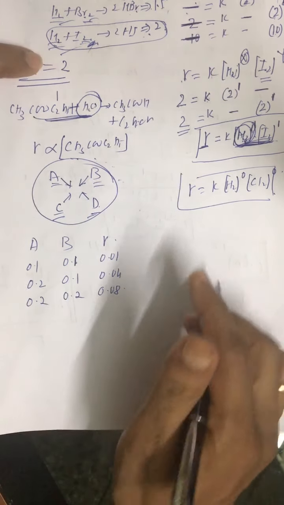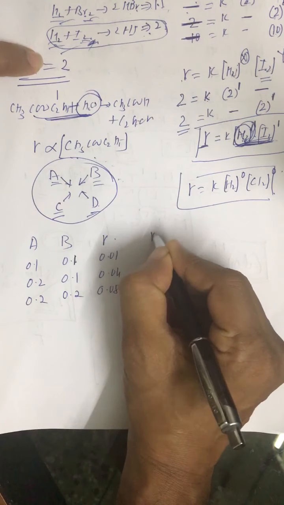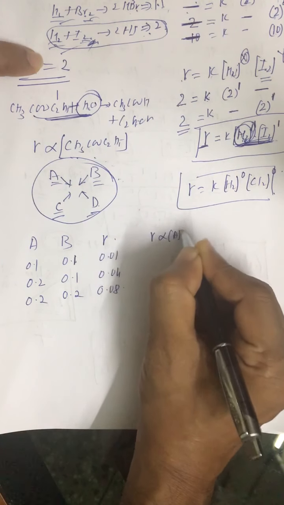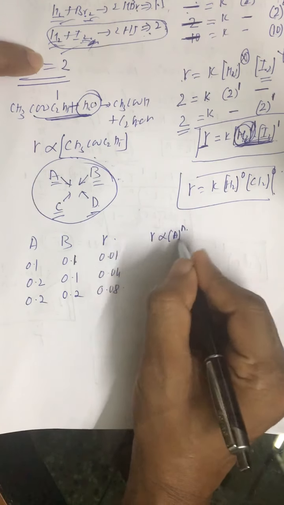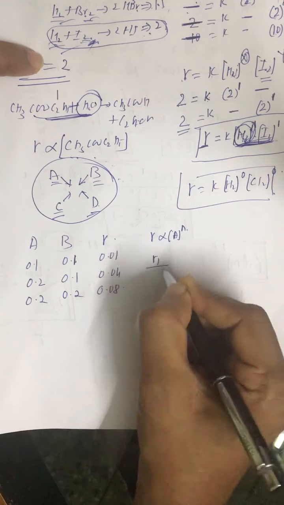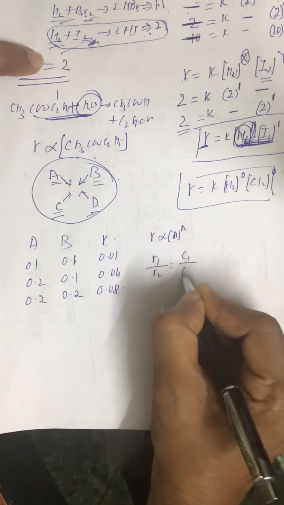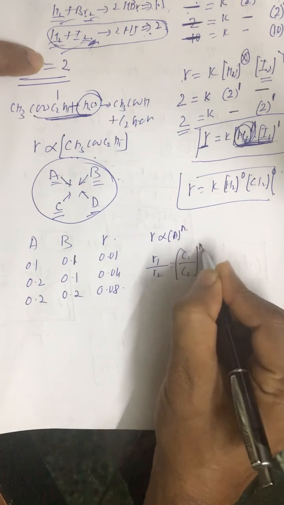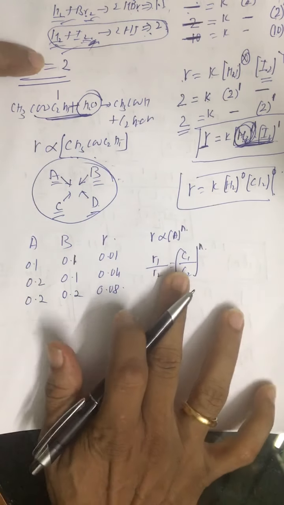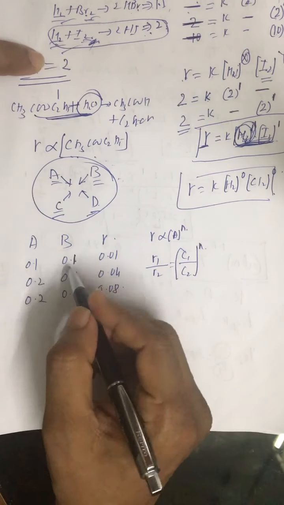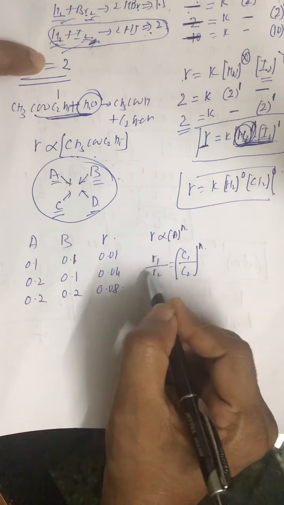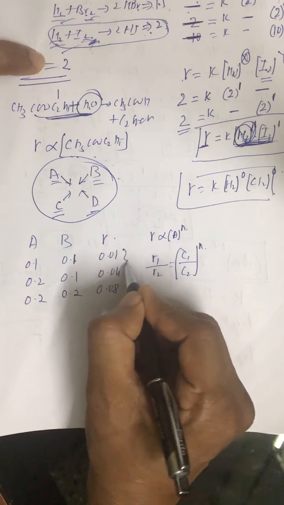There is a relation that R is proportional to A to the power N. On this basis you can say R1 upon R2 is equal to C1 upon C2 to the power N. Look at the first two observations.